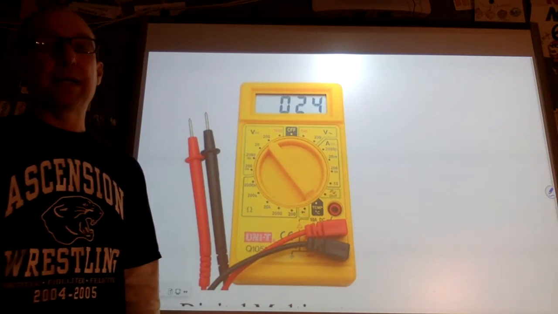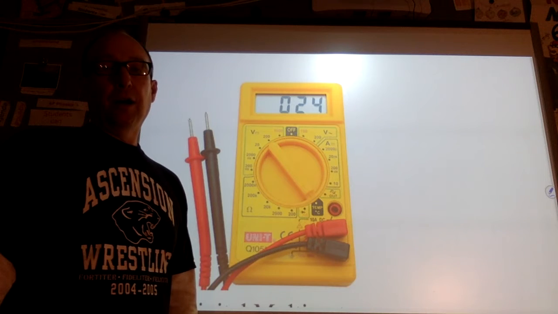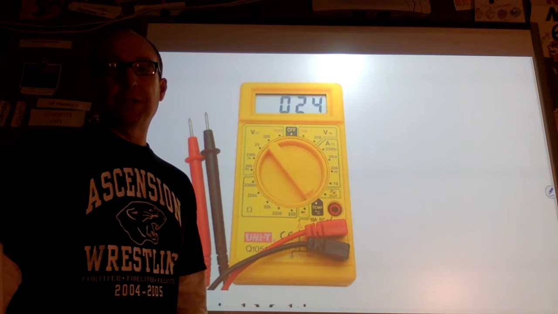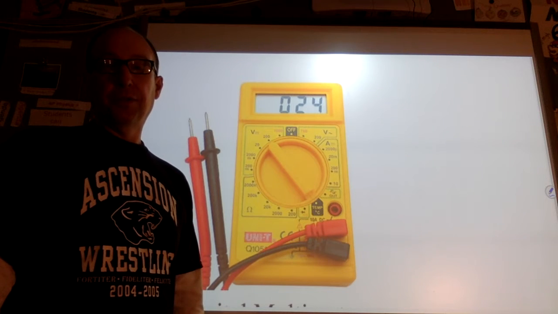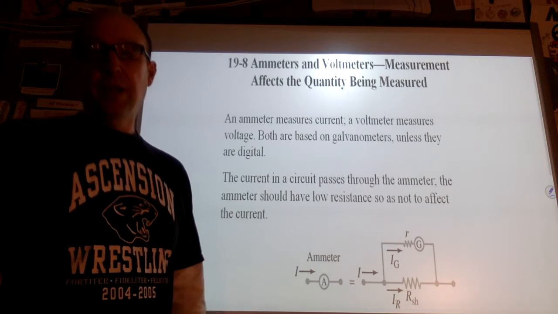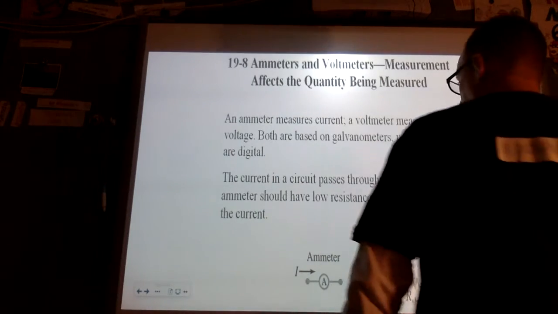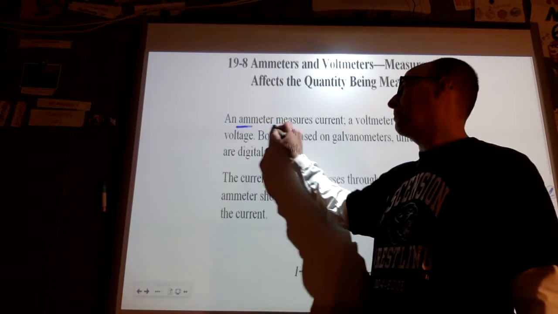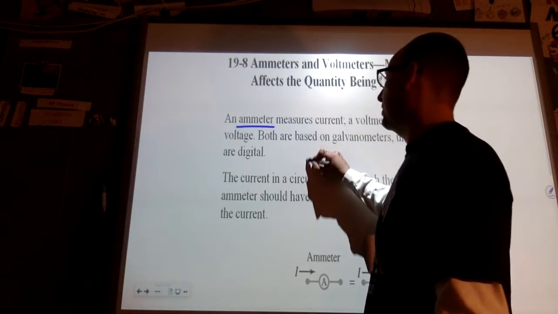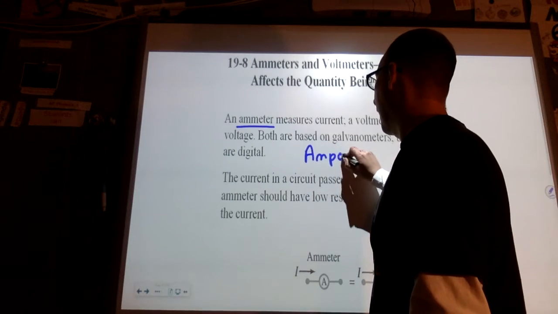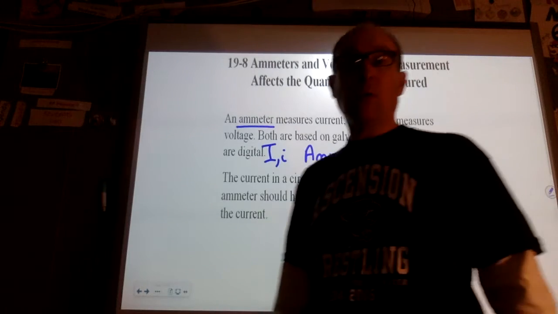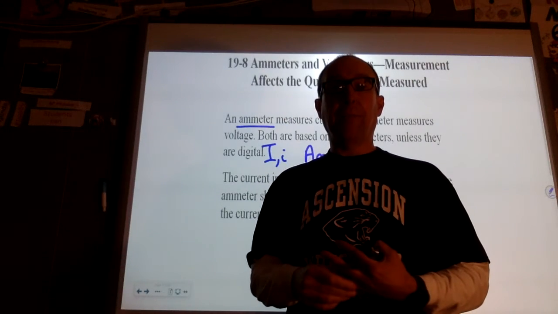So this is a digital multimeter. We'll be using these in class to measure a number of different things, whether it's voltage drops or resistance. If we're measuring current, it's known as an ammeter, because you remember that current is designated by a capital I or a lowercase i, and its units are amperes.